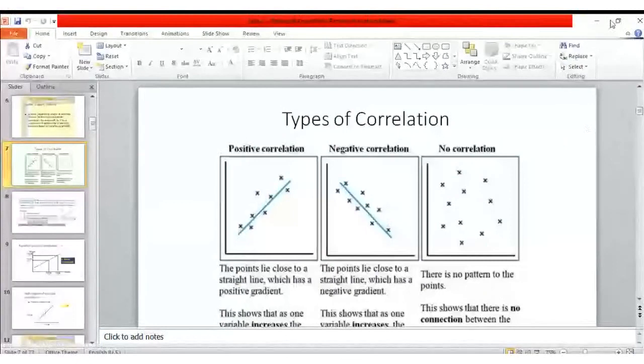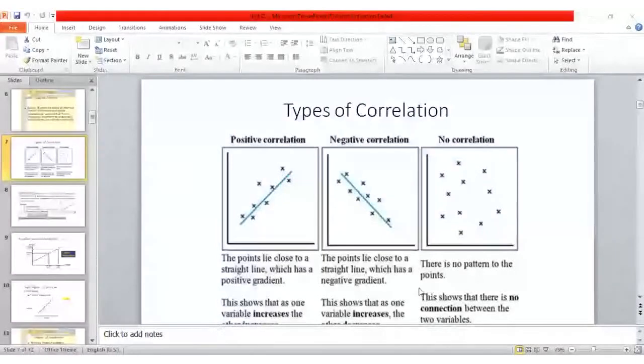Is the screen visible and are three diagrams visible to you? I think the screen share has stopped. Are these three diagrams visible on your screen? No, sir. Not visible.